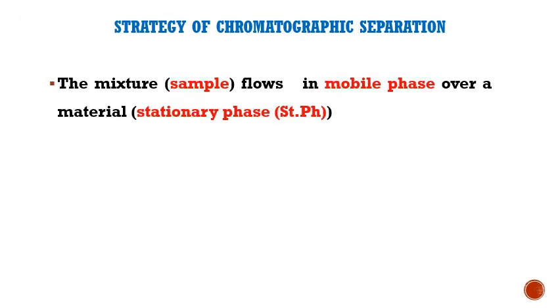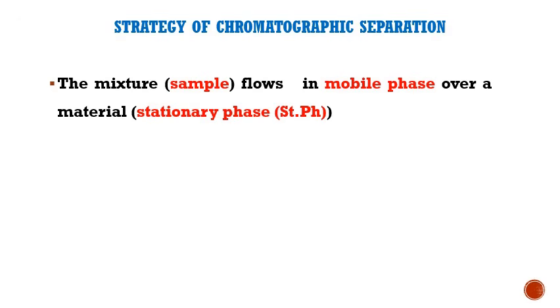Okay, so what is the main concept of the chromatographic separation? If a mixture or the sample, unknown sample, flows in a mobile phase, which is usually an organic solvent, over a material which is the stationary phase, the sample has different affinities to the mobile phase and the stationary phase.